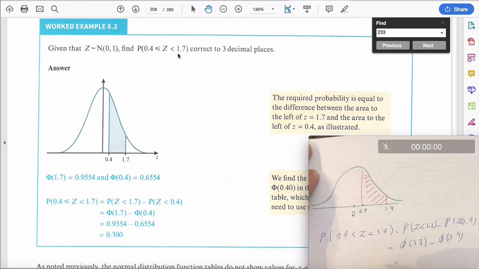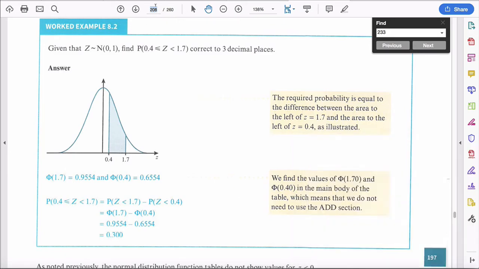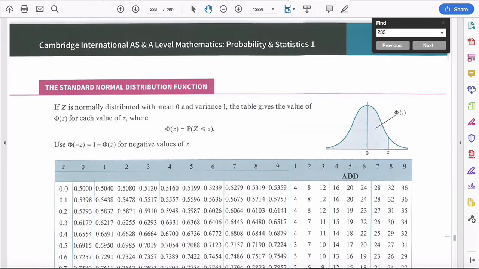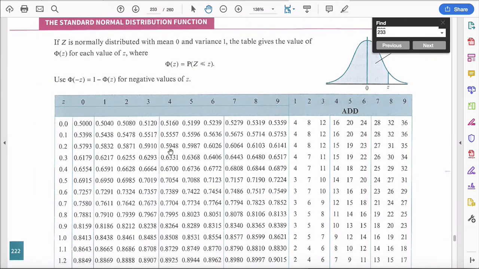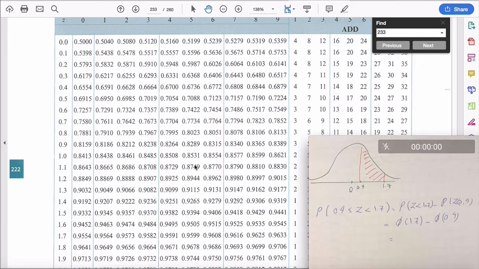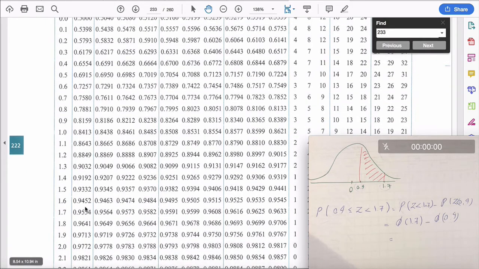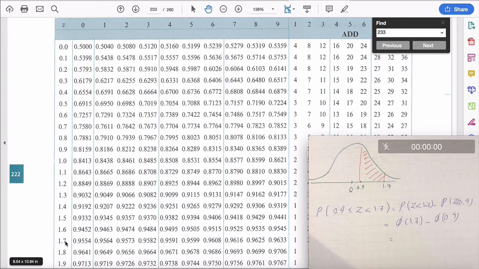Now let's go to the table to find these numbers. So phi of 1.7, 1.7 is already here. 1.7 means 1.70, so this is the number.